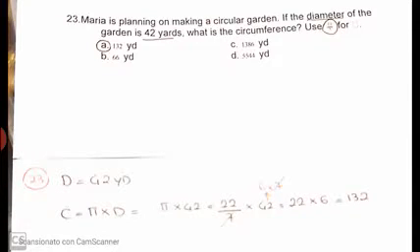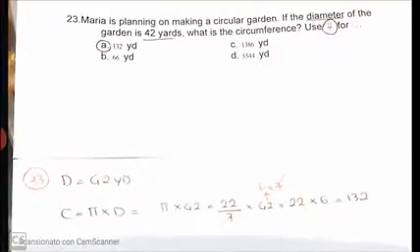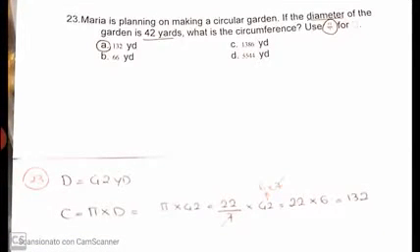We will use 22 over 7 times 42. 42 is 6 times 7. So we can cross out the two 7s. It remains only the 6 of the 42. So 22 times 6 equals 132. So the answer is A.